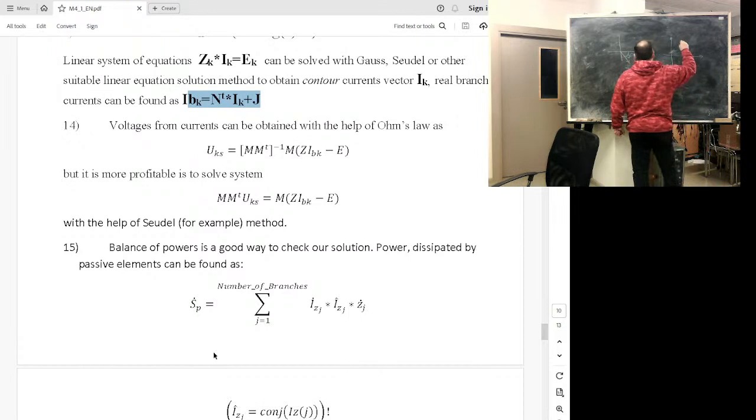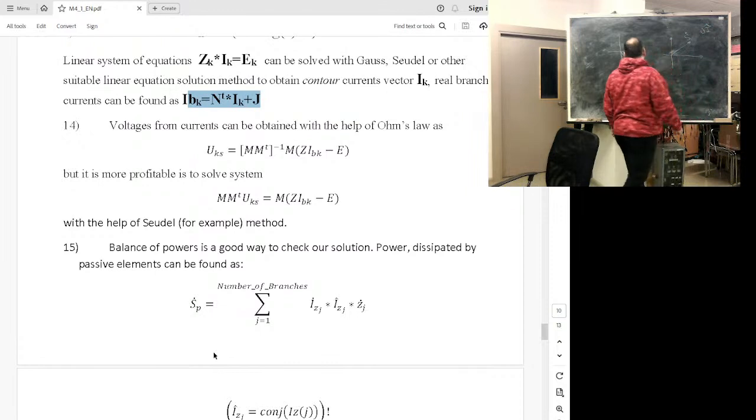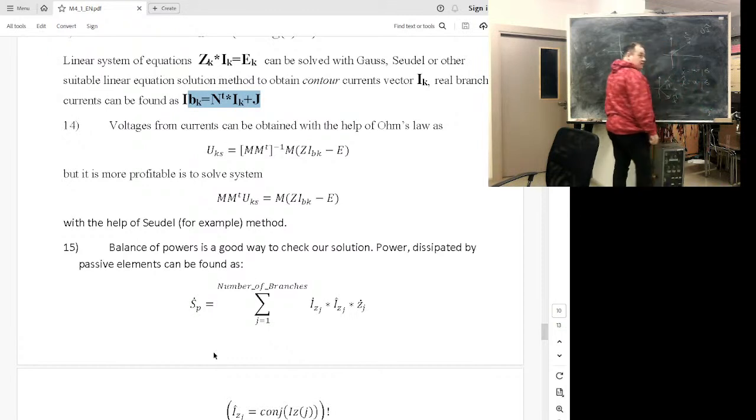Power will be total power, being U multiplied by the conjugation of the current. If I have some X with angle phi, its mirror is a conjugate X. So X, A plus jB, X conjugate will be A minus jB. This is apparent power.